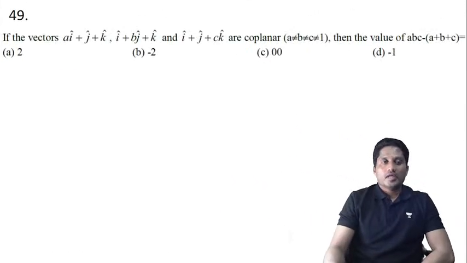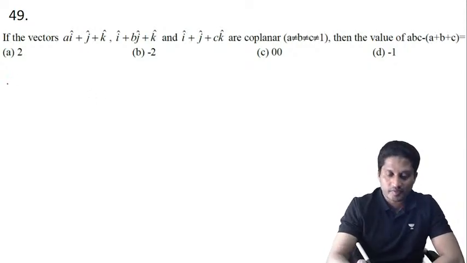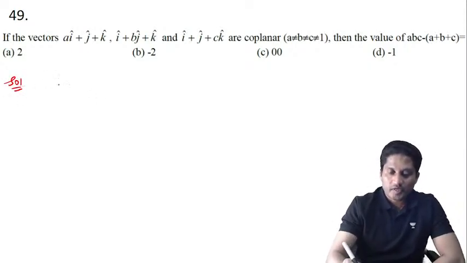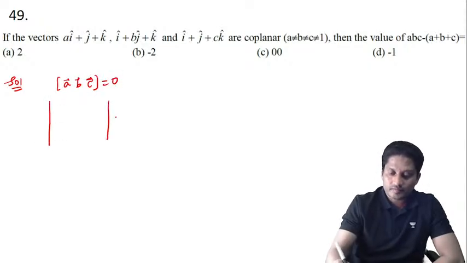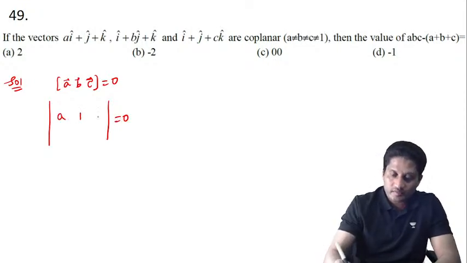Let's move to the next question, 49. If A, B, C are coplanar vectors, then what should be the value of ABC minus of A plus B plus C? Coplanar means the box product of A, B, C is 0, right? Or A dot B cross C is 0. That is, the determinant is equal to 0. Components of the first vector are A, 1, 1. Second vector is 1, B, 1, and 1, 1, C. So you get BC minus 1.